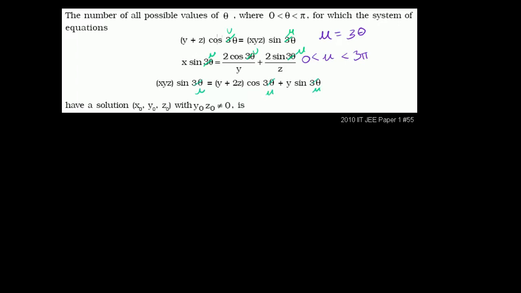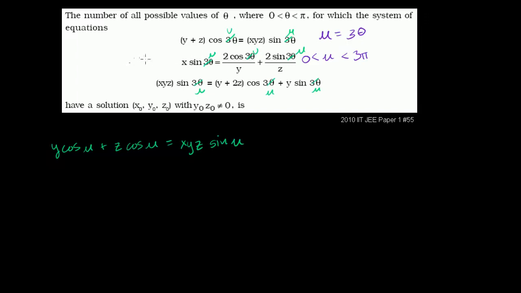So if we distribute the cosine of u, this becomes, let me put the y out front, y cosine of u plus z cosine of u is equal to xyz sine of u. That's this first equation. This second equation, it looks like, well, if we multiply both sides of this equation by yz, we're going to have an xyz sine of u on the right-hand side, which is the exact same thing we have here.